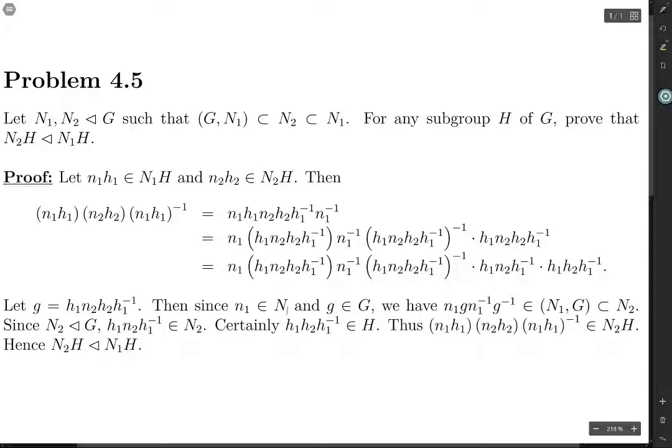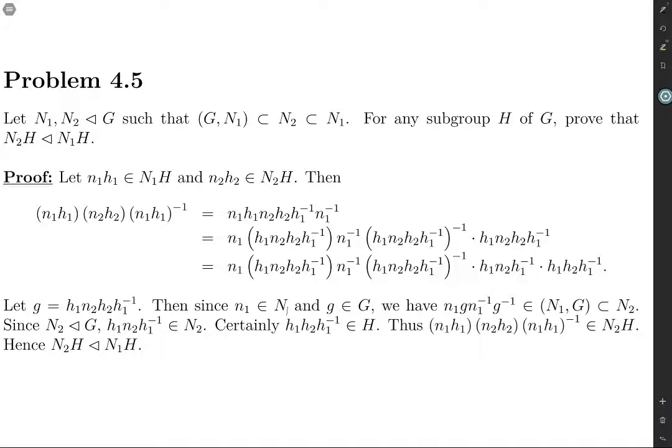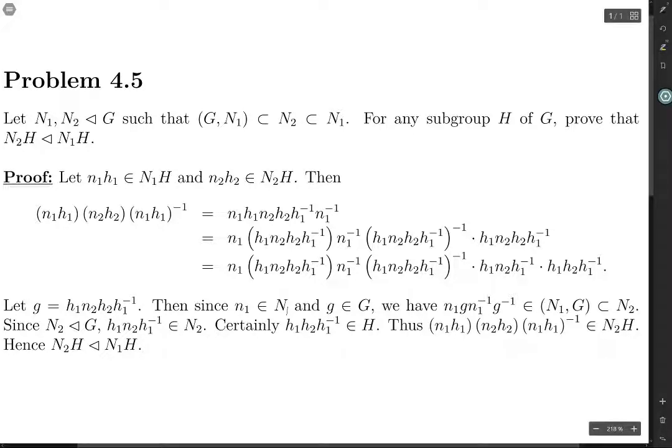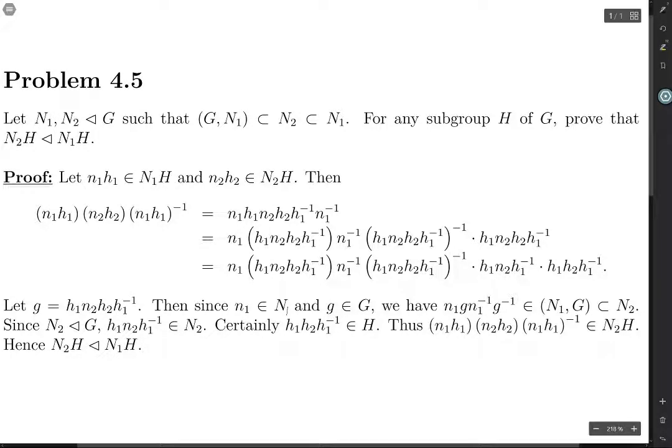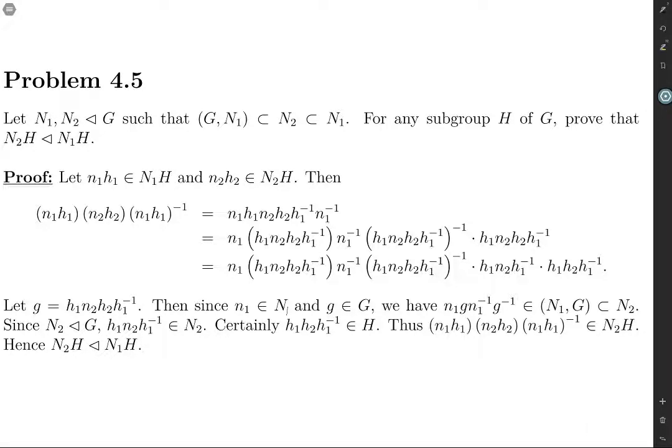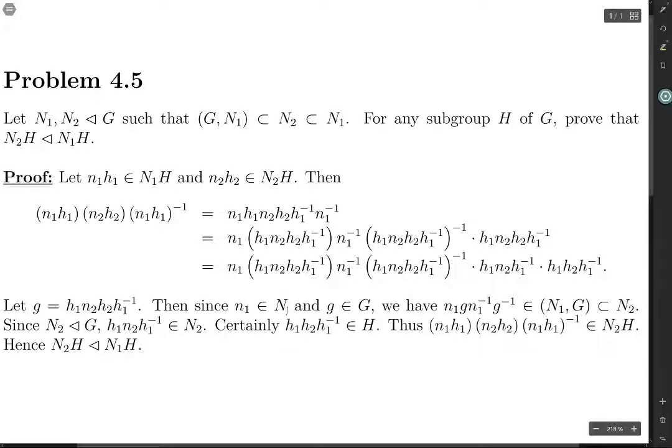So n1 is in capital N1, and obviously g is in capital G. So then n1 g n1 inverse g inverse is in the commutator of G and N1. And of course, the commutator of G with N1 is equal to the commutator of N1 and G. That should be clear by the definition. And then by assumption, this is contained in N2. So this whole thing is contained in N2.